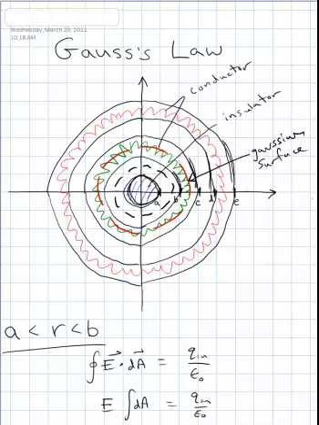Well, where else could it be? It can't be in the empty space between A and B. It can't be inside of our conductor. It can't have charge inside of a conductor. It has to be on the surface of a conductor. So it has to be on this inner surface.